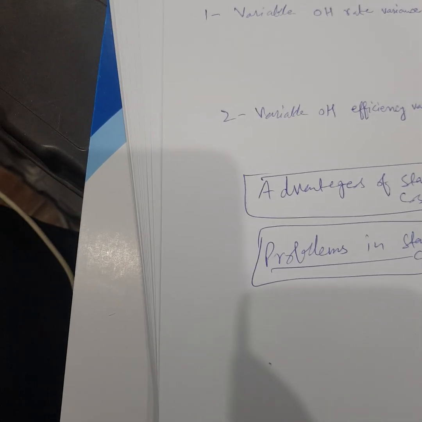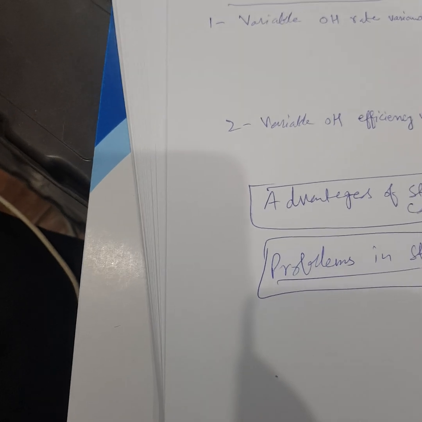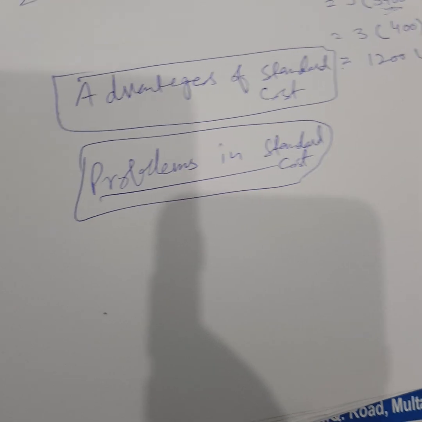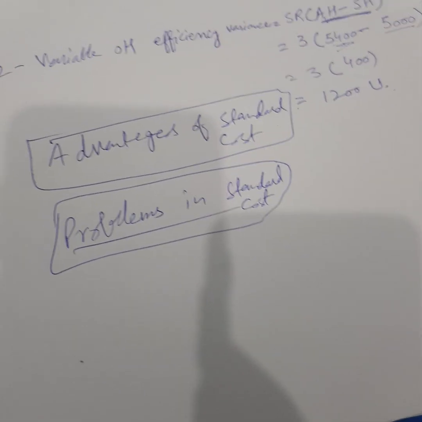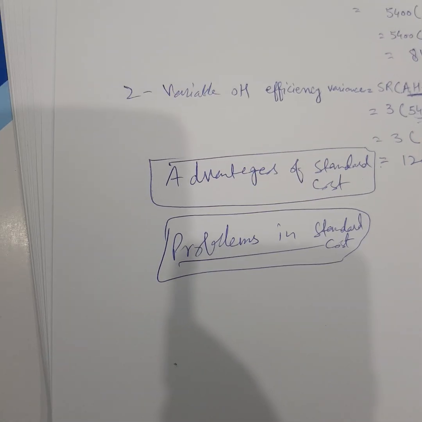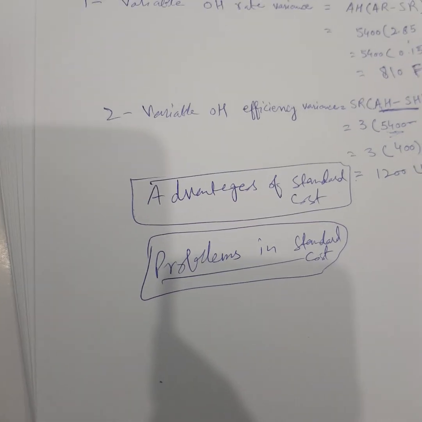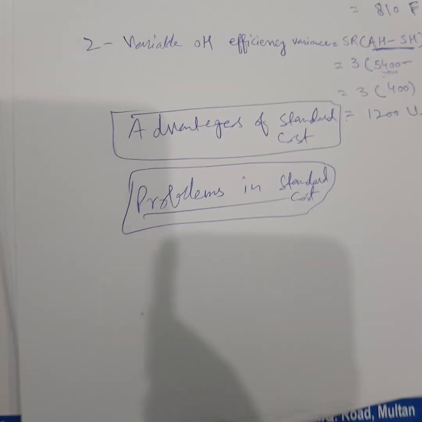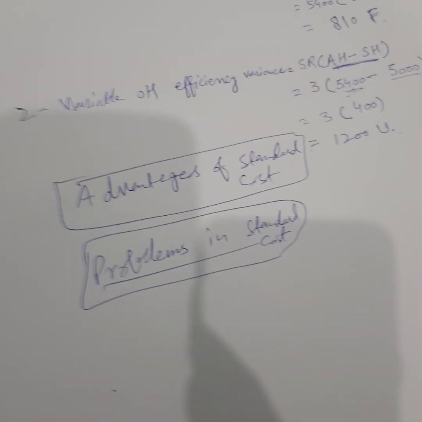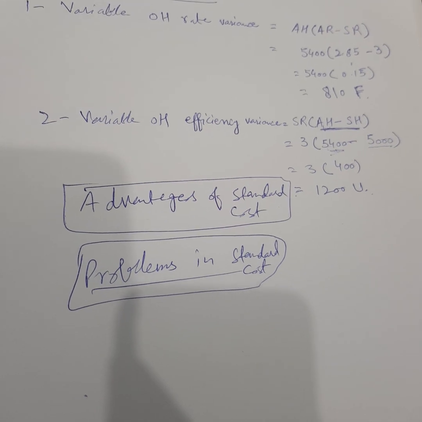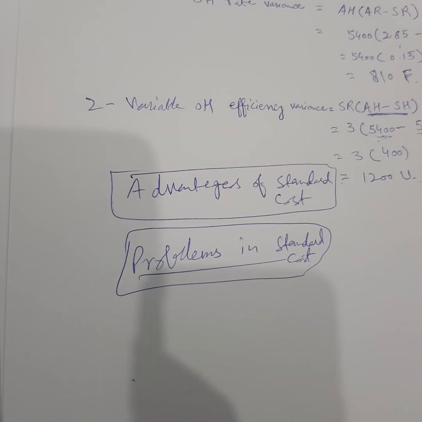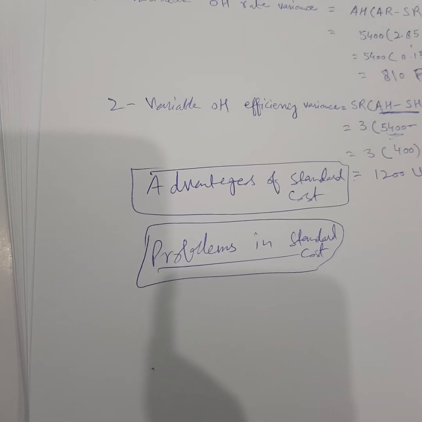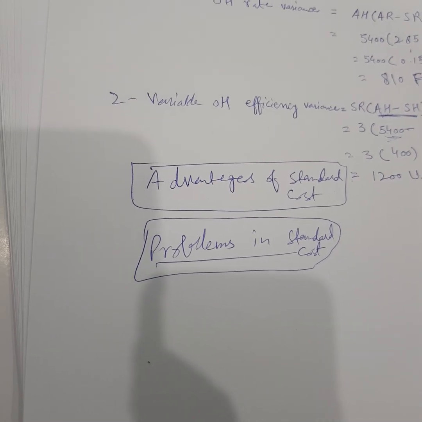And the second assumption is that the labor needs to work at the speed of the machine. Like, if the machine is running and labor is not working well or not working at the speed of the machine, it will also affect standard cost.